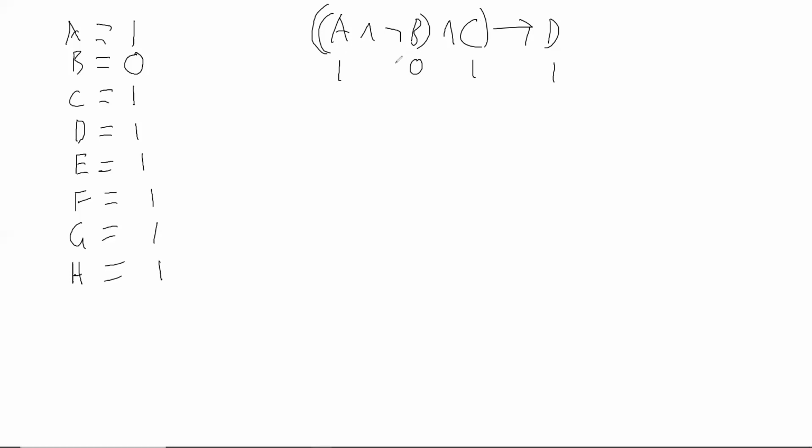So negation of 0 is 1. The conjunction of 1 and 1 is 1. The conjunction of 1 and 1 again is 1. And then a conditional from 1 to 1 is 1. So this value makes that premise true.